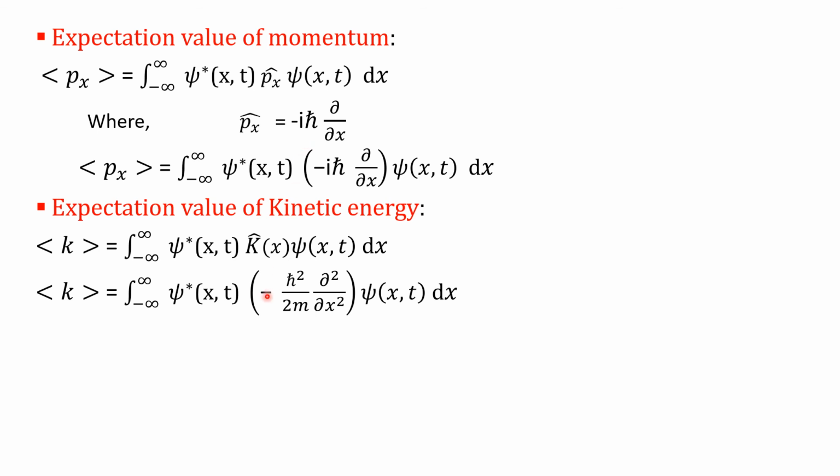I square is again minus, therefore we keep minus h cross square by 2m as it is, into del square by del x square psi(x,t) dx. Therefore, minus h cross square by 2m we take outside, and the integral term is only psi star(x,t) del by del x of del psi by del x dx.